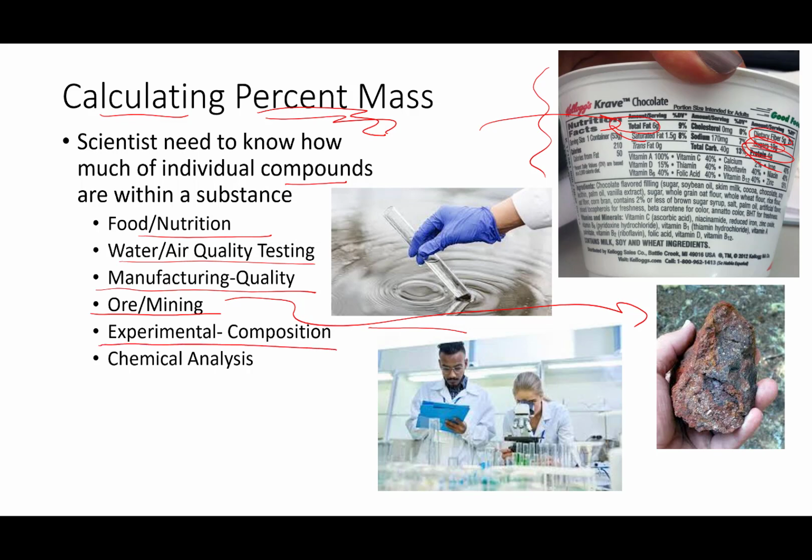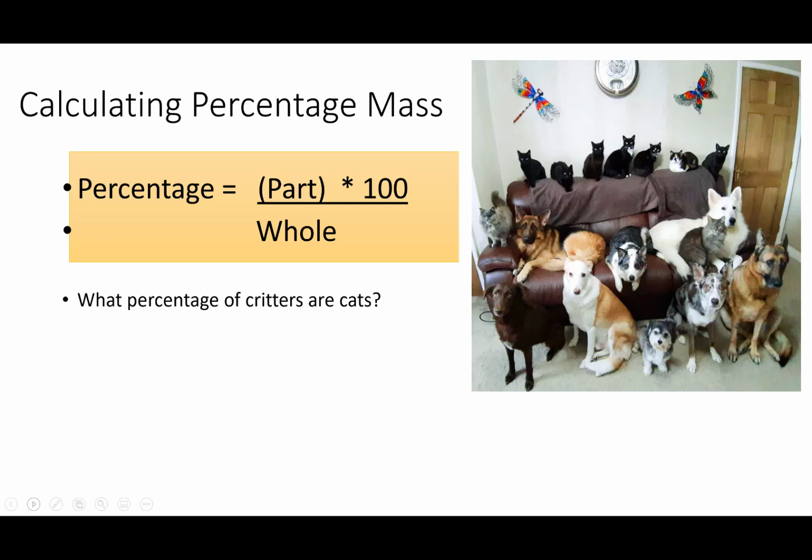In an experiment, we need to know what's the chemical composition of our before and after product and results. And if scientists are going to chemically analyze anything, any sort of a drug or compound, this is a very common calculation.